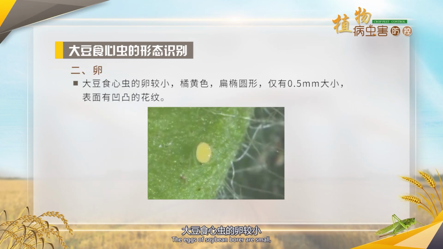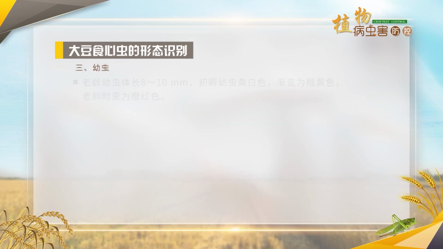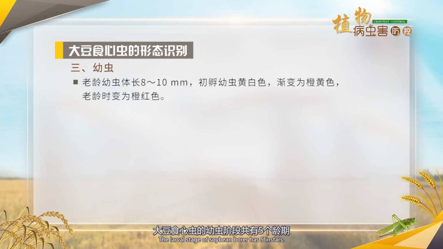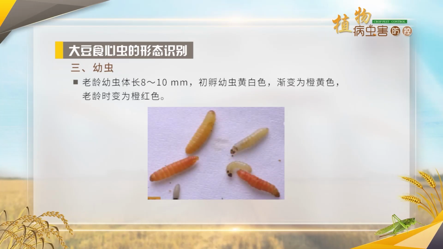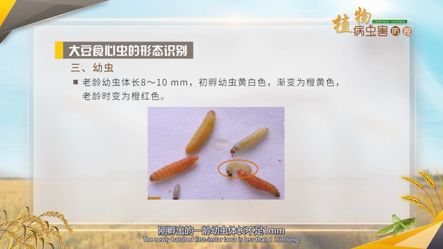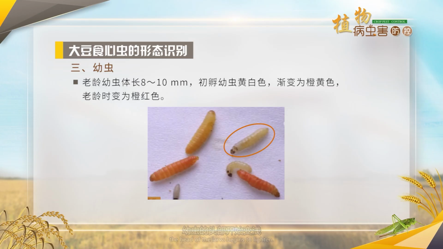The eggs of soybean borer are small, orange, flat oval, only 0.5 millimeters in size, with uneven patterns on the surface. The larval stage of soybean borer has 5 instars. The newly hatched first instar larva is less than 1 millimeter long, with a black head and a milky yellow body color. When it reaches the third instar, the head of the larva begins to lighten.